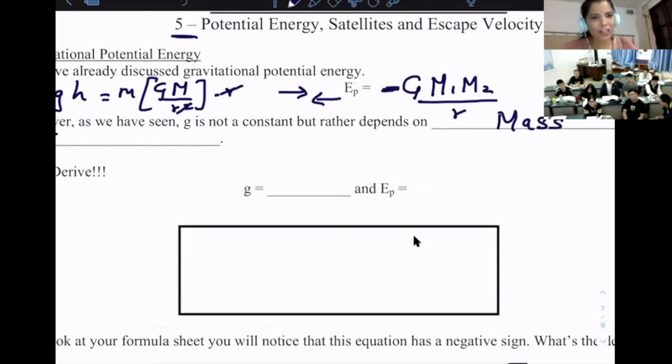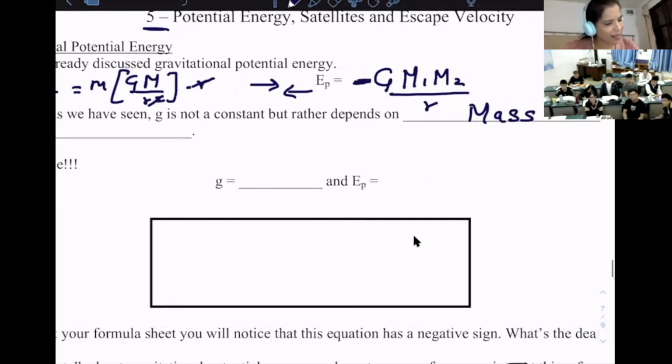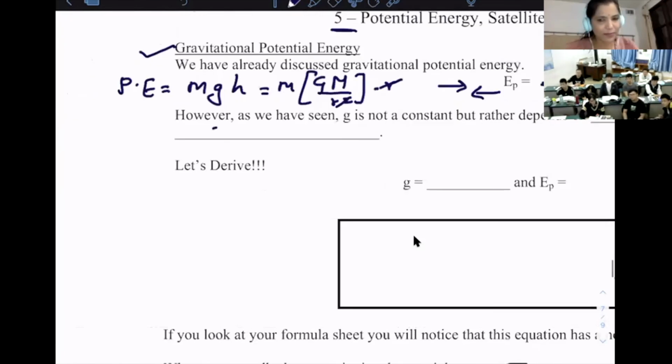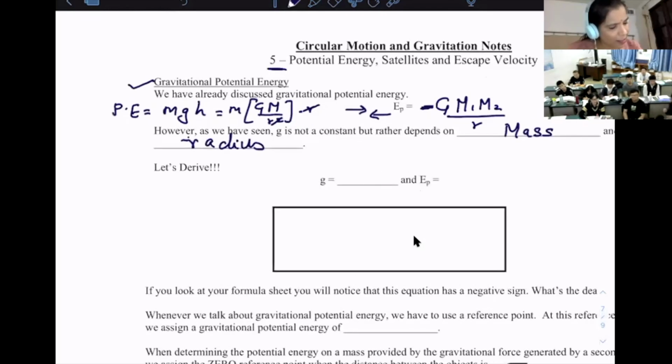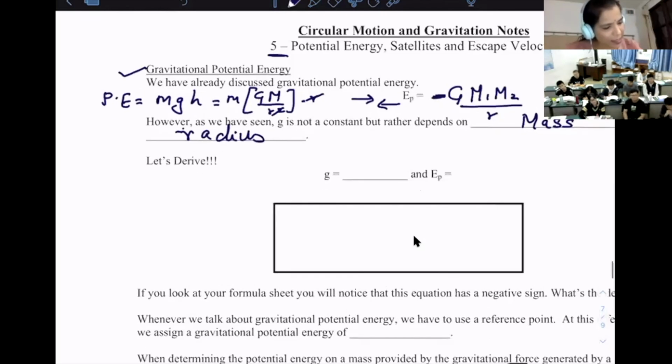Please write also along with me: mass and radius. Okay. All right. And this small g is GM over r squared, and we are just repeating.